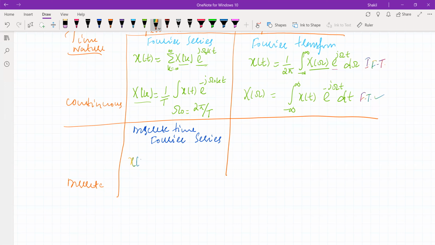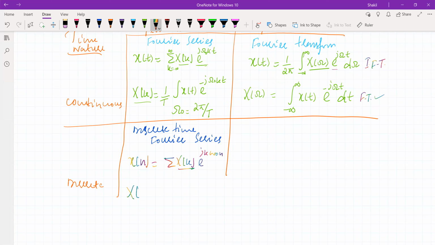Now this is x of n, a discrete time signal, and the representation is x of n equals the sum of x of k e raised to the power j k omega naught n, where again this is a coefficient.